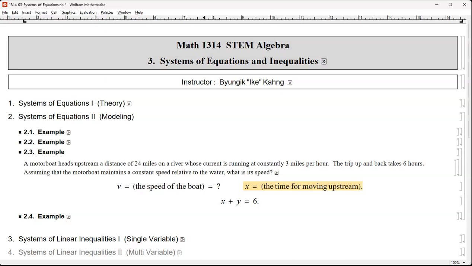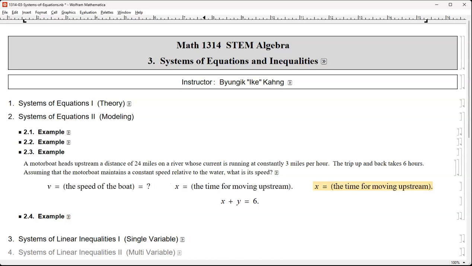Okay, that's my x, the time for moving upstream, and then y is the time for moving downstream. And then x plus y add up to 6. That much is clear.